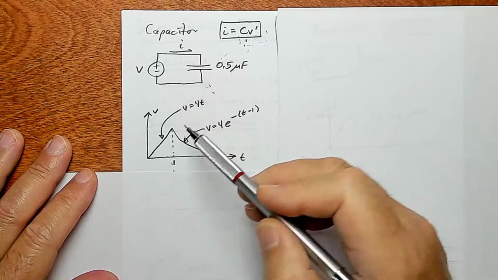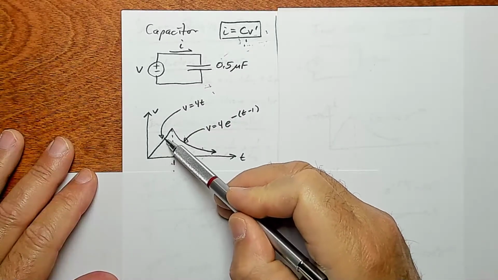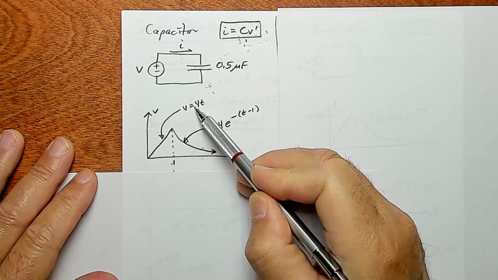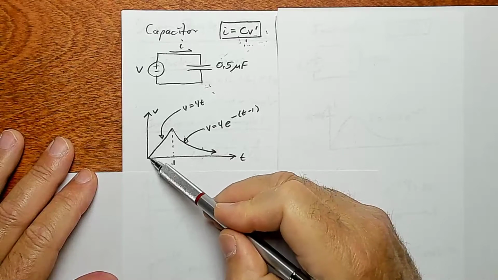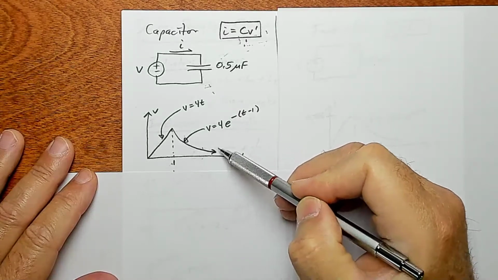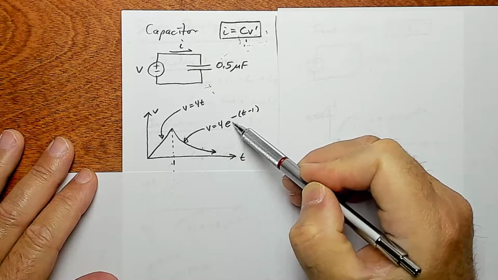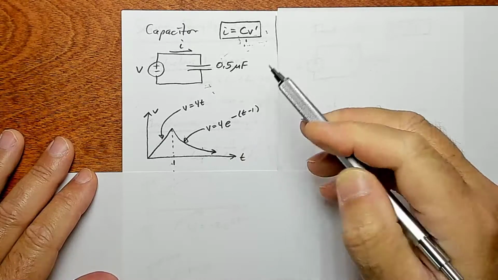This one generates a signal that ramps up in a straight line, with the equation 4t, just an arbitrary signal. And then it starts decaying exponentially, given by 4e to the minus (t minus 1).